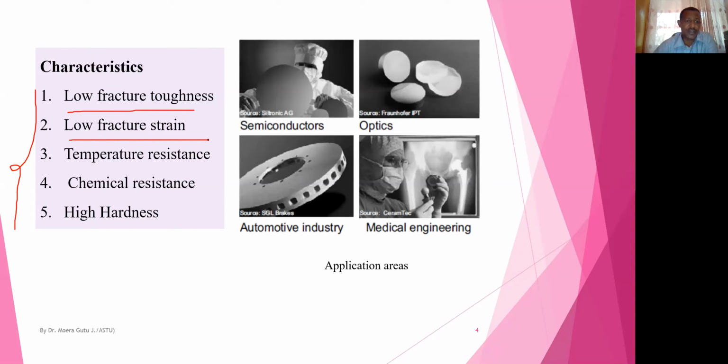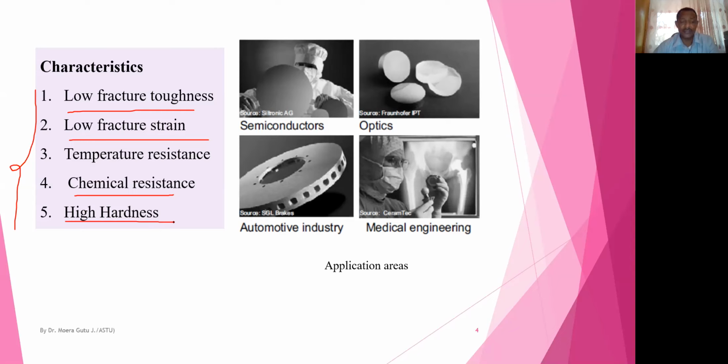They have low fracture strain also. They cannot easily strain or deform. Temperature resistance gives them high application areas in semiconductor industries, because they can resist high temperature up to 3000 degrees Celsius. They have chemical resistance, so they can be used in chemical industries and acid industries. They can use these hard materials because they have high chemical resistance, like ceramics.